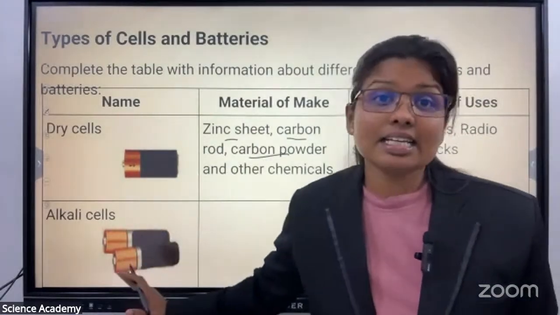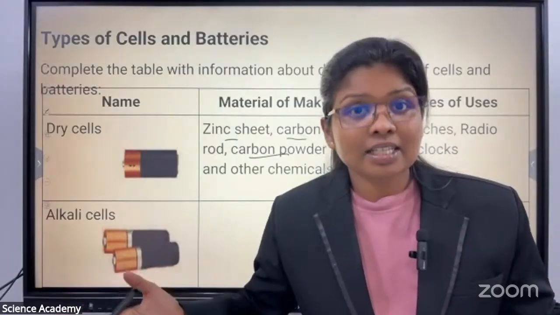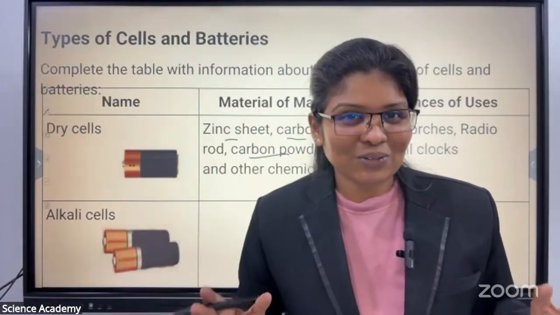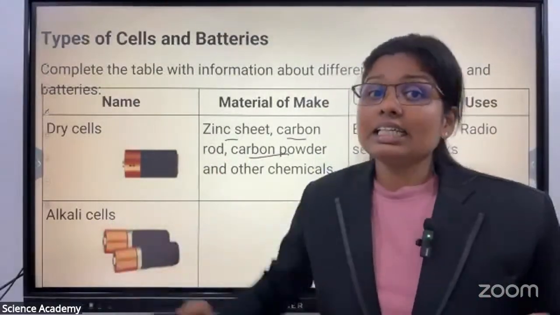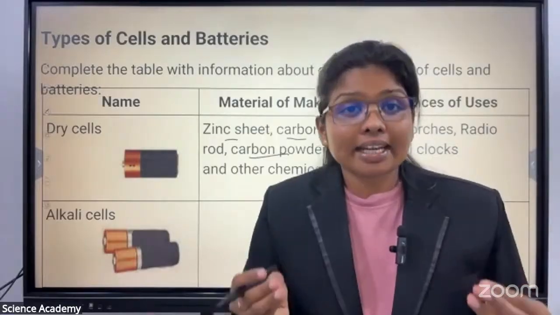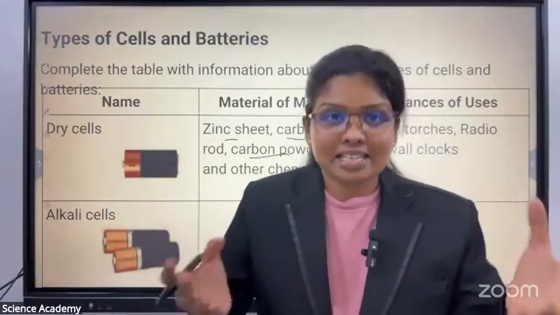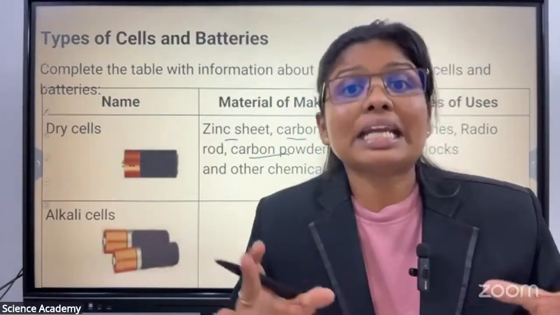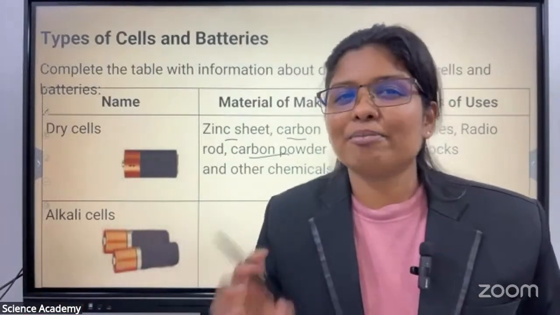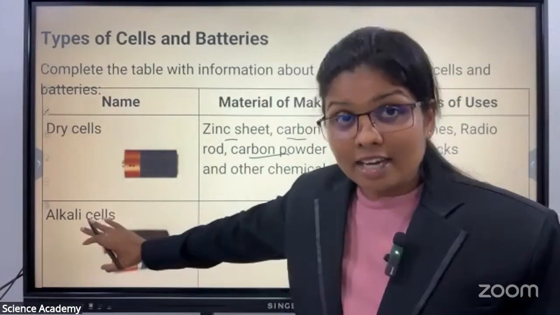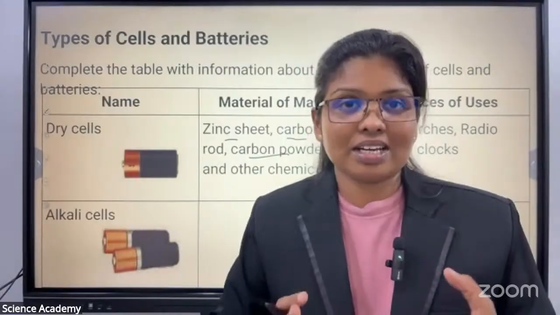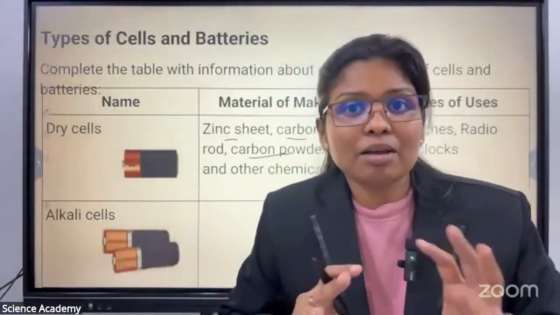Here, children, alkali cells we can see in calculators and mobile phone-like batteries. I hope that you have seen these batteries. Alkali cells have metals like nickel and cadmium. Nickel and cadmium are also kinds of metals, just like iron. In addition to that, they include alkaline substances.